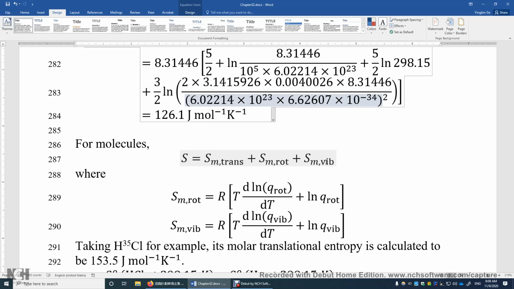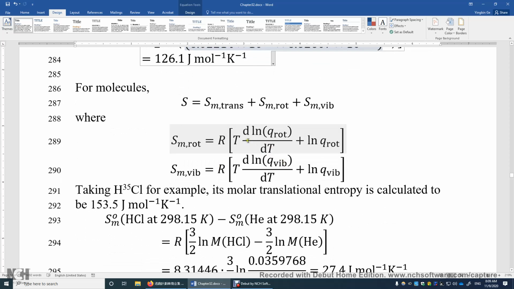So that's 1. 2, I'm going to just assume, even if you have a triplet ground electronic state, I'm going to set that to be 0 reference. I'm going to say the oxygen molecule with a triplet electronic ground state has a 0 entropy at 0 K. So now we're going to just look at the rotational entropy and vibrational entropy.